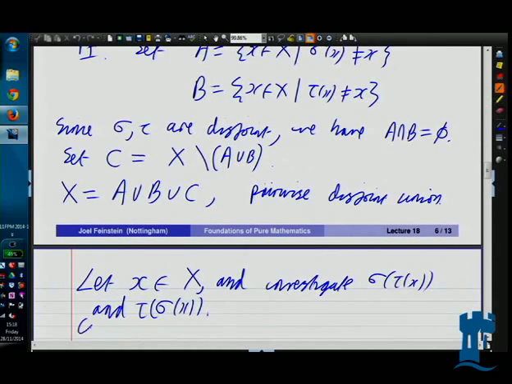Case 1, the easy case, is where x is in C. Then sigma of x equals tau of x equals x, because C are the ones which aren't moved by either. And then sigma of tau of x is equal to tau of sigma of x, which equals x as well.